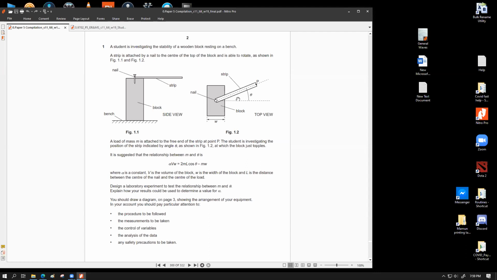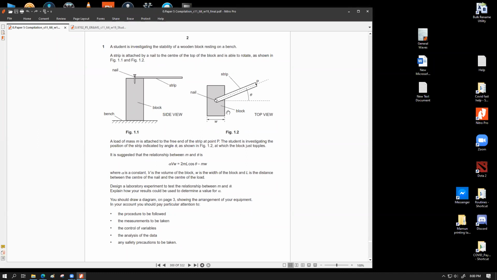If you keep on attaching mass over here and keep on increasing theta, up to a certain angle this block will have the tendency to topple to the right. Beyond a certain value of theta, this block will have the tendency to topple over on the top side, using this edge as the pivot line.